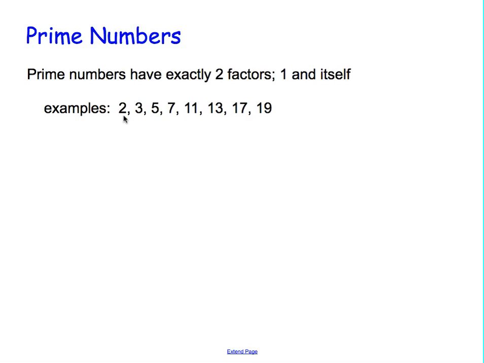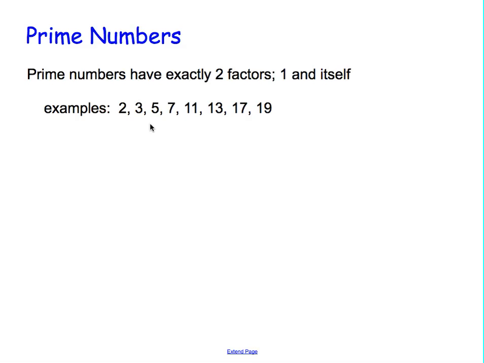Now, just because 2 is the only even number that is prime, this is something that 5th graders often get confused about. That does not mean that all odd numbers are prime. Not all odd numbers are prime. Some odd numbers are prime, but not all of them.